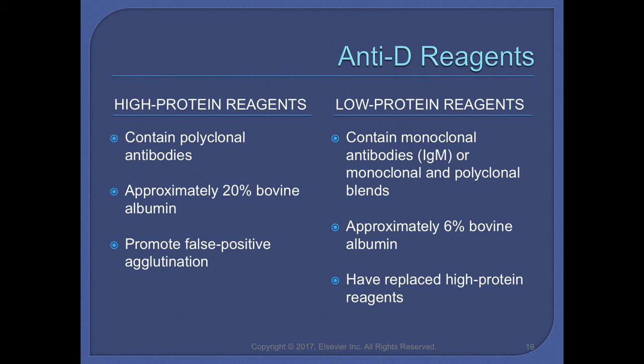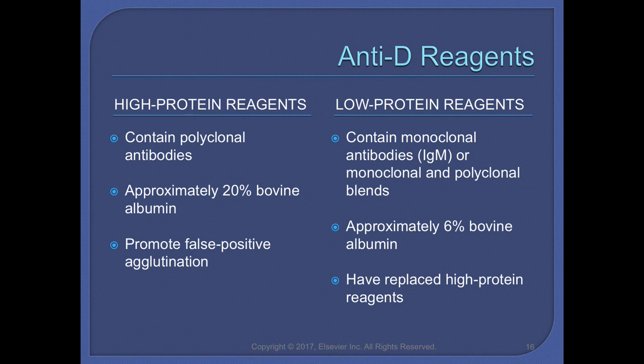This table right here helps us identify high protein reagents and low protein reagents that could be used as anti-D reagents. Remember, they may be monoclonal antibody blends or monoclonal and polyclonal antibody blends. High protein reagents contain polyclonal antibodies, approximately 20% bovine albumin, and these promote false positive agglutination.